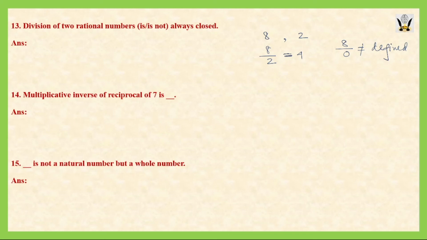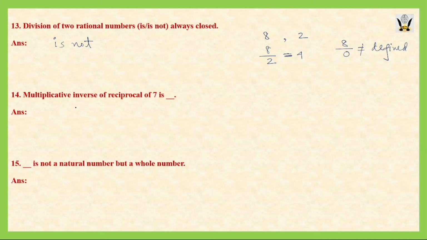They are mostly closed under division, but there is an exception that when a rational number is divided by 0, that is not possible. So the correct answer will be "is not", because 0 is the exception. So division of two rational numbers is not always closed.